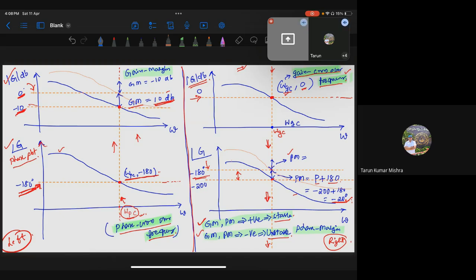By shifting the Bode plots, you can conclude it. So that is how we handle the stability, or we handle the design problems of these things.